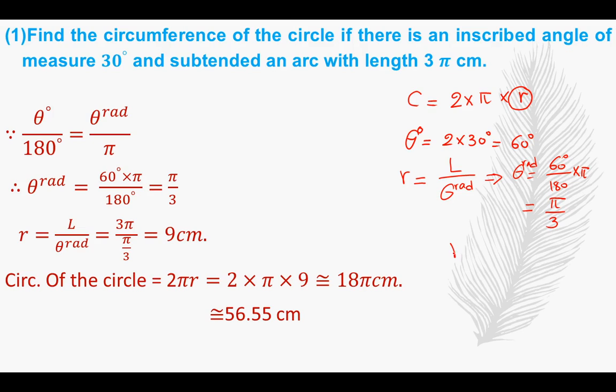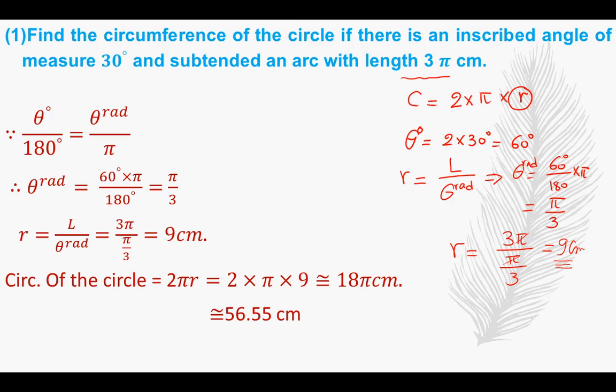To find R, the radius length of the circle, we take the length of the arc, which is given as 3π, divided by π over 3. Here π cancels π, and the result will be 3 divided by 1 over 3, which equals 9 centimeters. So now the radius length of the circle is 9 centimeters.